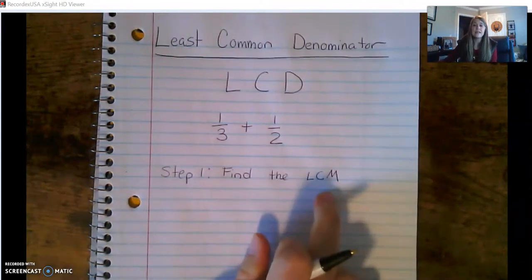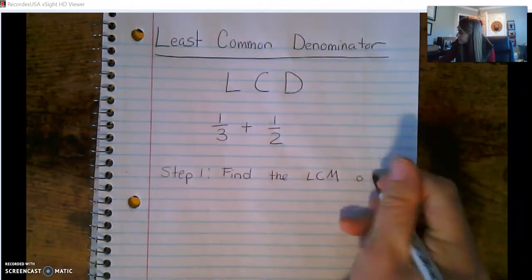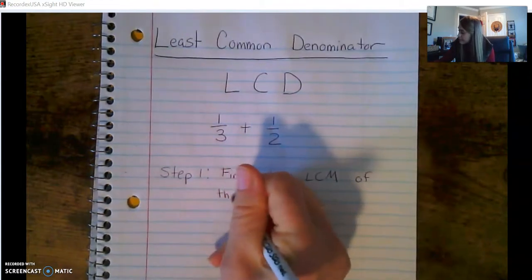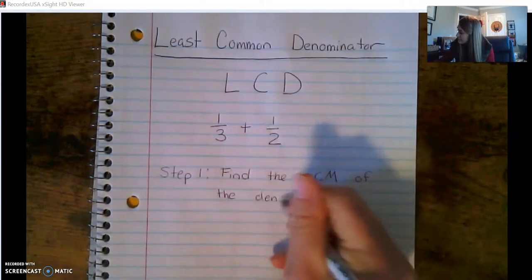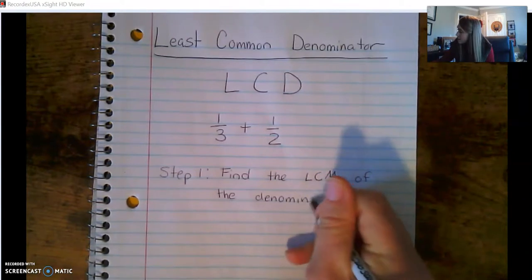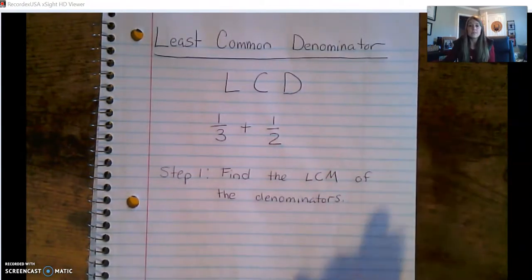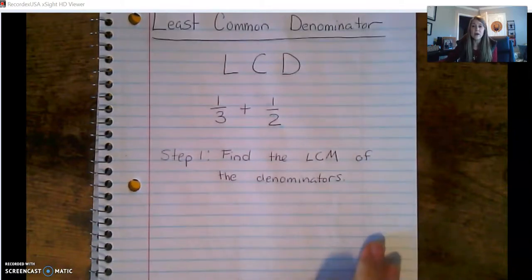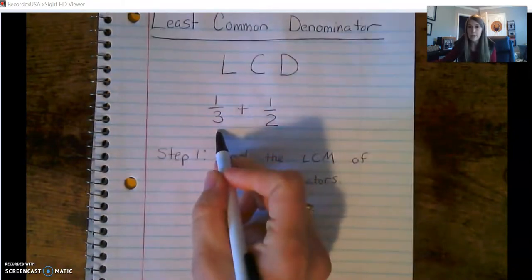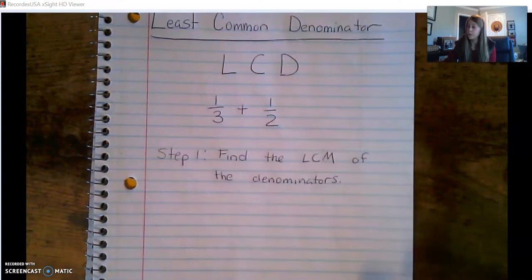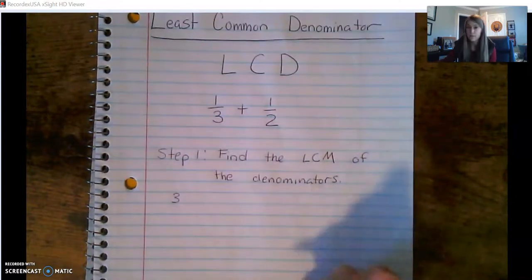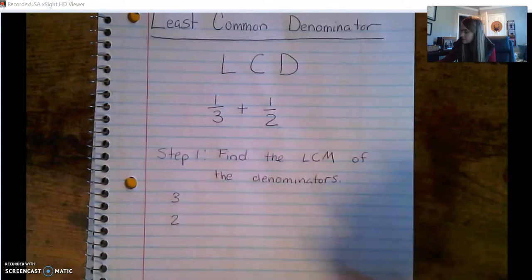We need to find the LCM of the denominators. Step 1, find the LCM of the denominators. So my denominators, remember that's on the bottom, I have 3 and 2. So I'm going to go ahead and write 3 and 2.